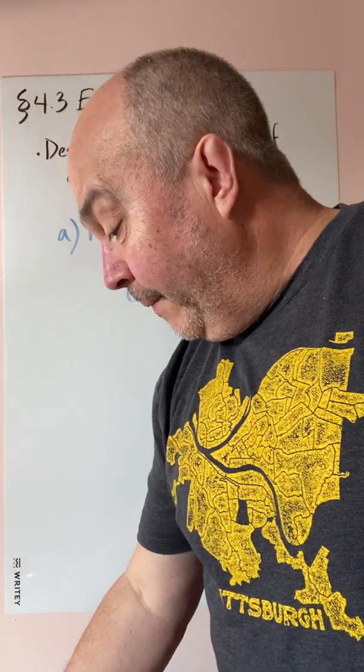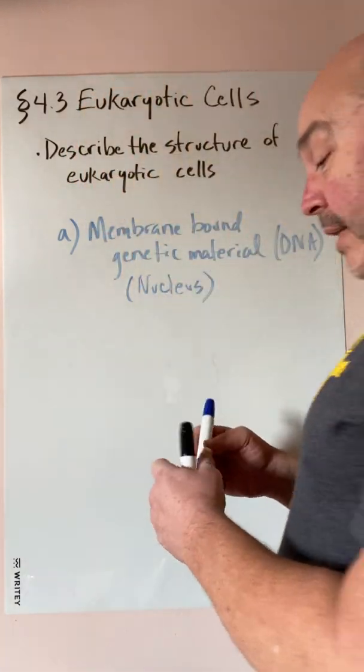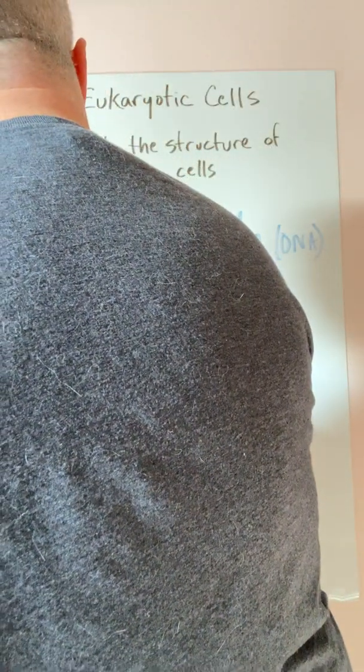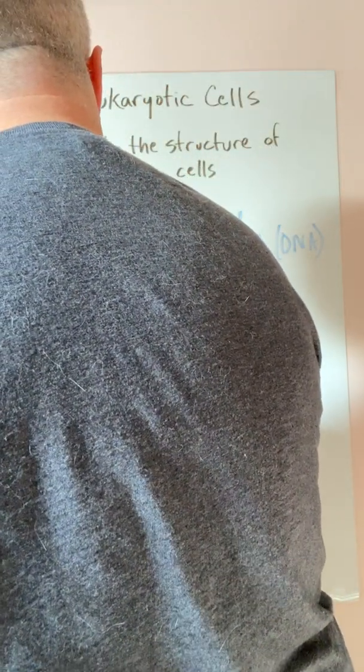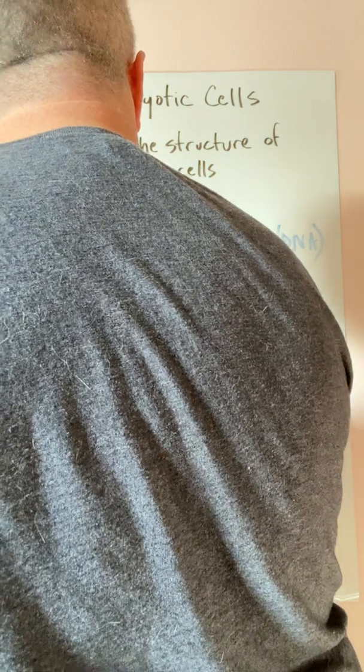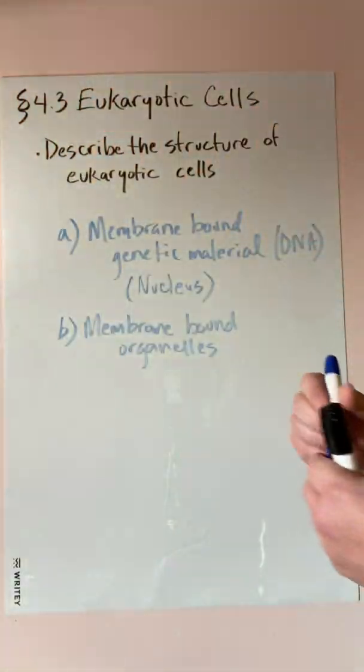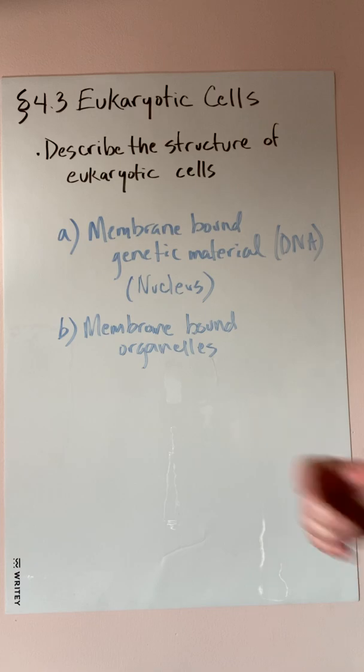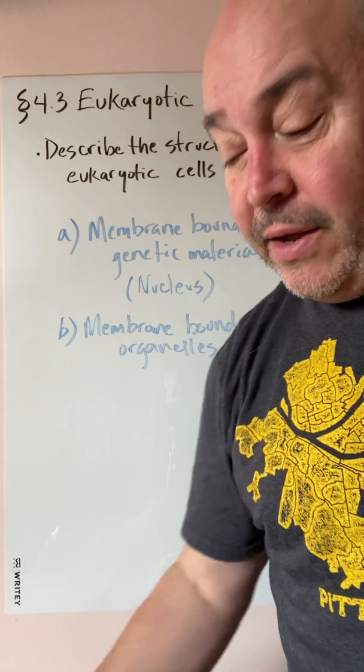A second thing the eukaryotic cells have is membrane-bound organelles. So membrane-bound organelles, an organelle is a substructure, anything within the cell.